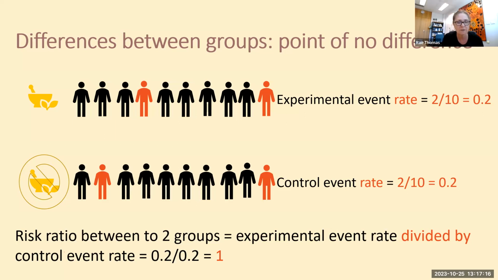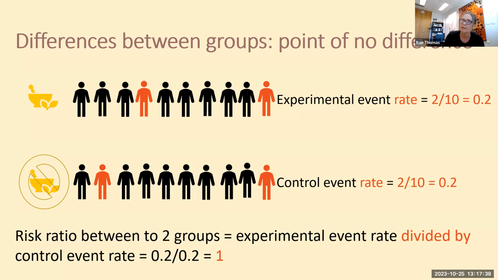In the second group, 10 people did not get the new drug. They had standard care. But also 2 people died. Now this is called the control event rate, and it is 2 out of 10, which is 0.2. It's again 20%. What I'm trying to illustrate is the point of no difference.